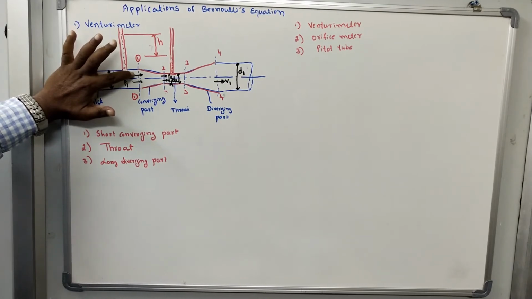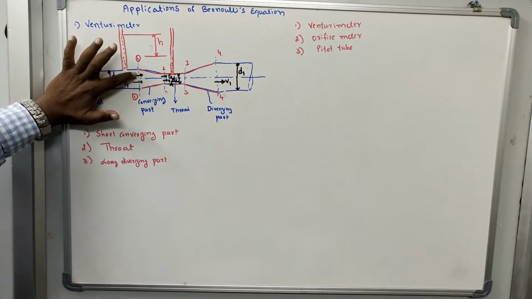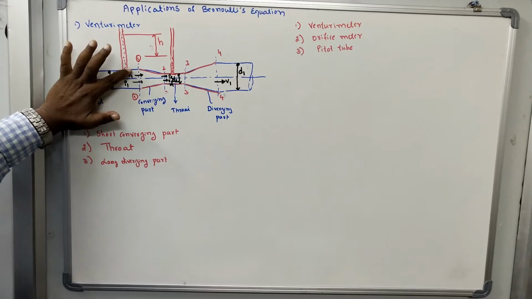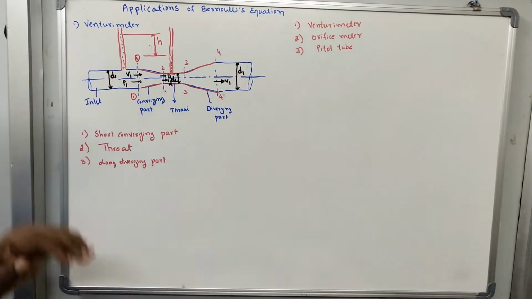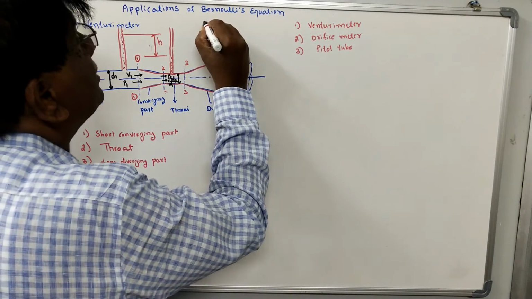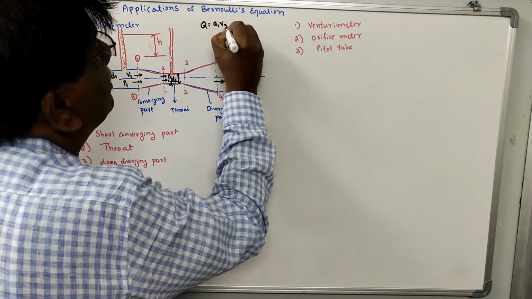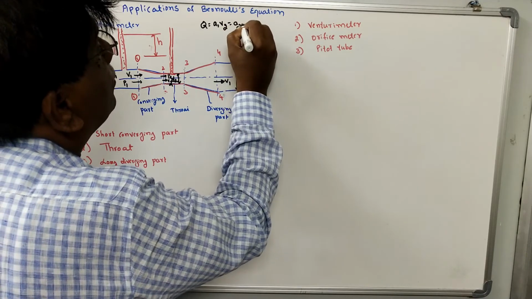See, the velocity at section 1 is V1, because the area is more, since we are using the continuity equation. The continuity equation means Q is equal to A1 V1 is equal to A2 V2.